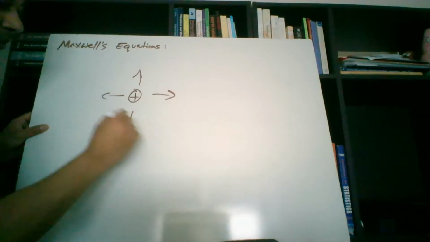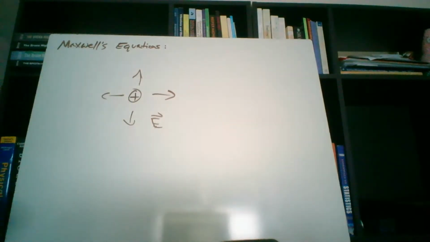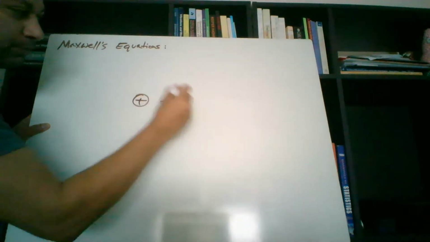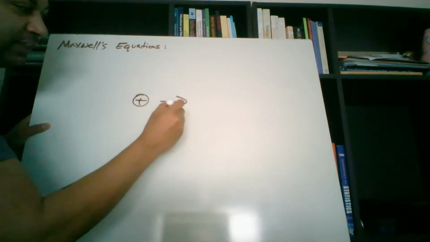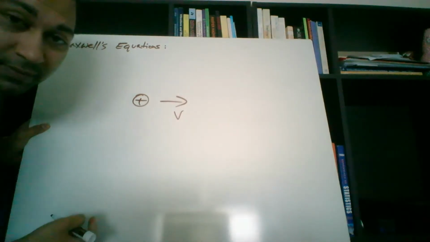So we know that a charged particle creates an electric field. We know that. And you know that if a charged particle is moving with a velocity v, then it will create a magnetic field, right?